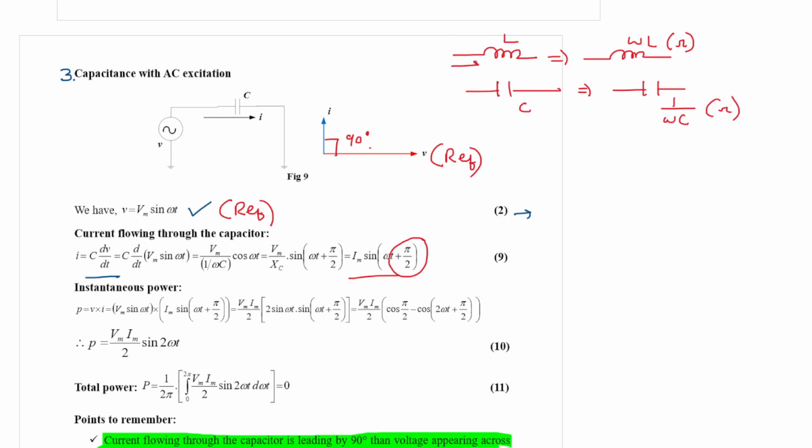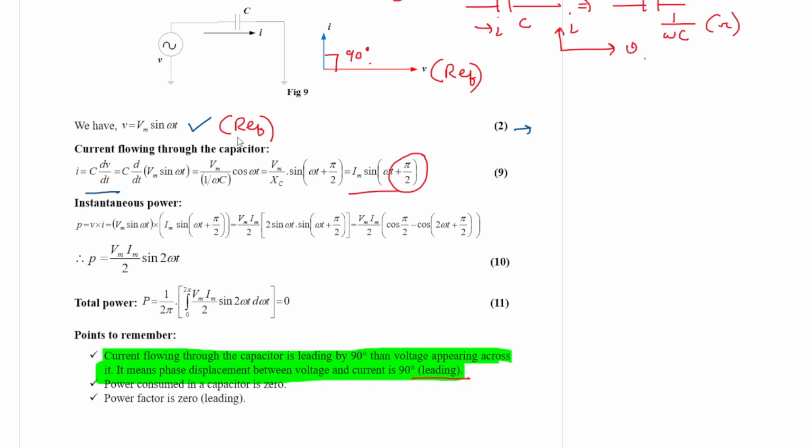Now the current flowing through the inductor is lagging by an angle of 90 degree than voltage, and current flowing through the capacitor is leading by an amount of 90 degree than voltage. So these are the two main differences.